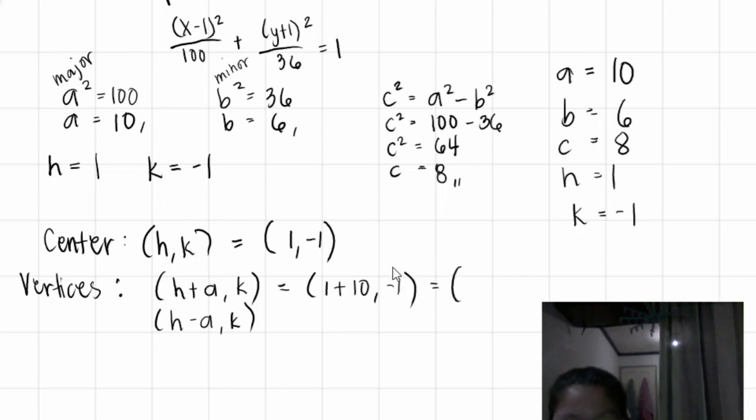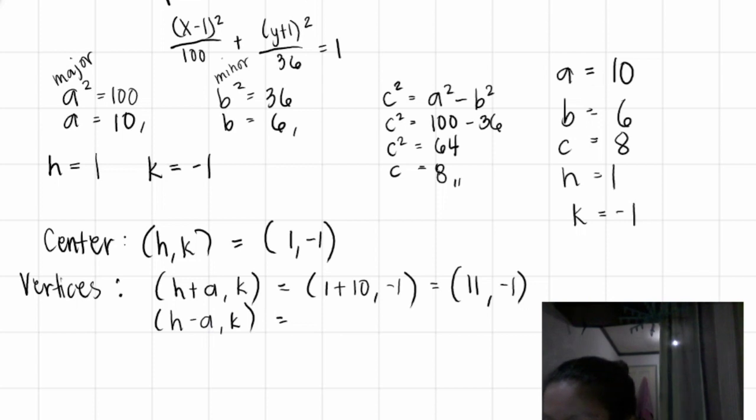So 1 plus 10 is 11, and we copy k, which is negative 1. So our first point is 11, negative 1.